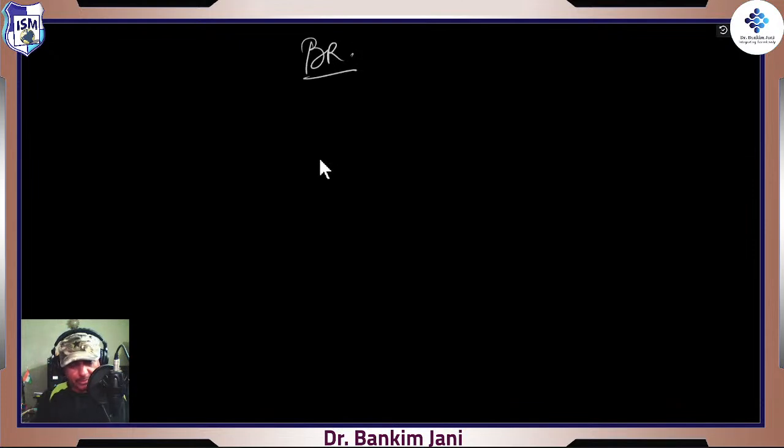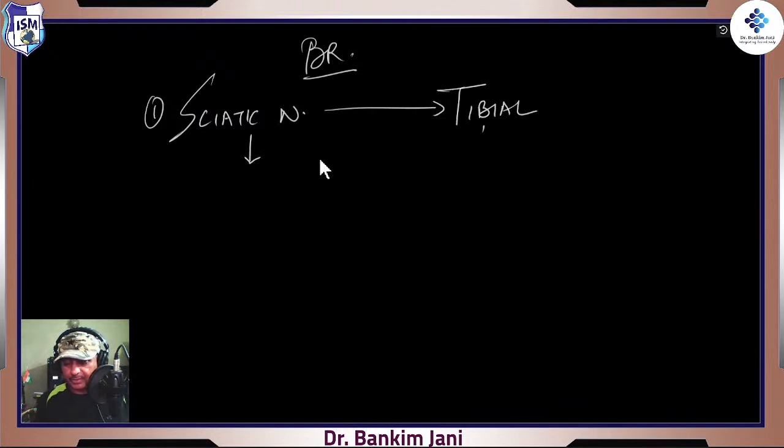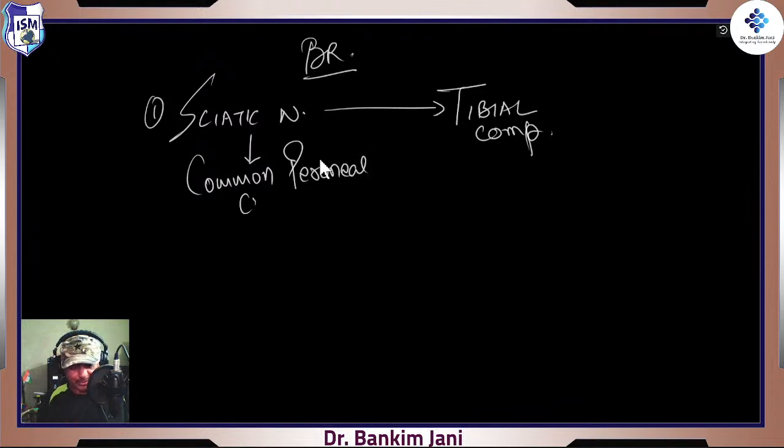Say in branches, we said sciatic nerve. Now, the sciatic nerve has two components: the tibial component and the common peroneal component. Though this is part of the lower limb, that's okay. The tibial component supplies the hamstring, calf muscles, and sole muscles.